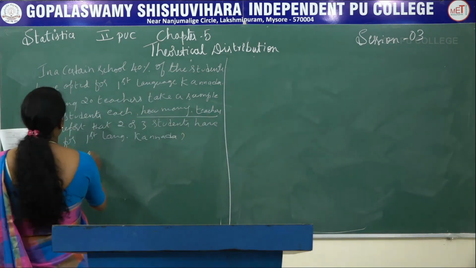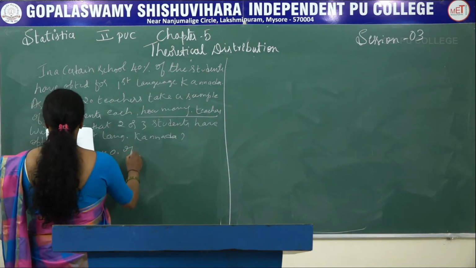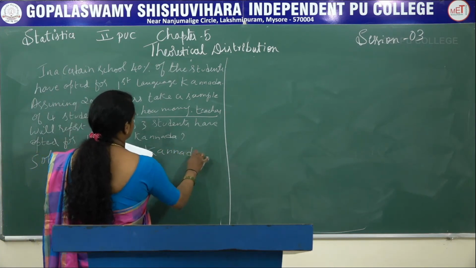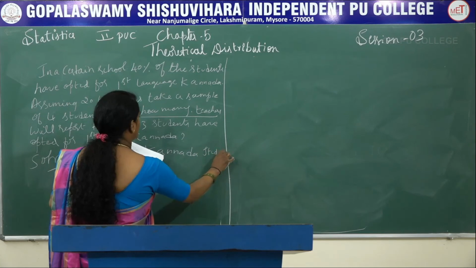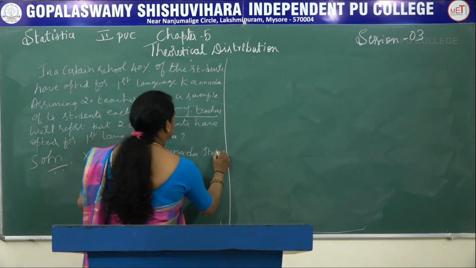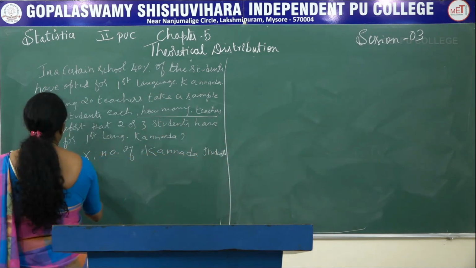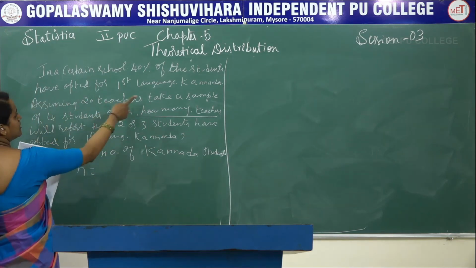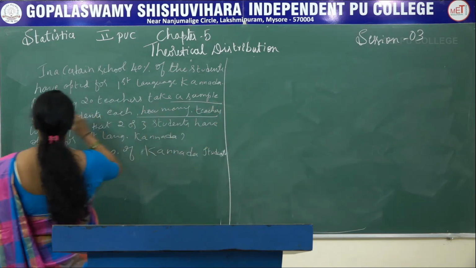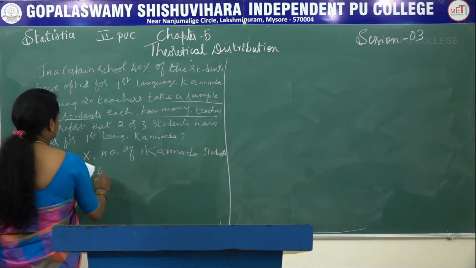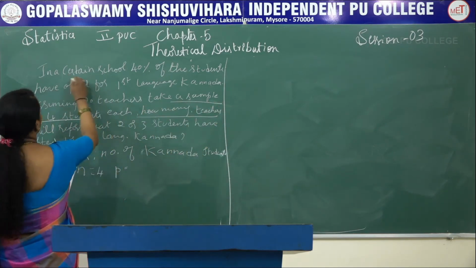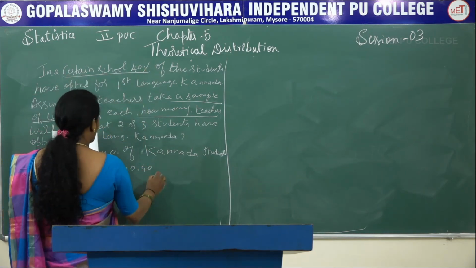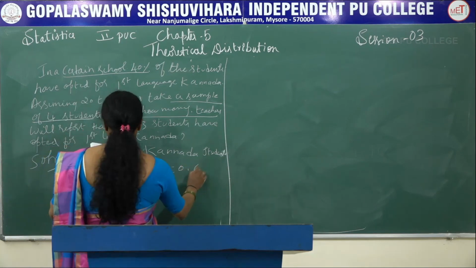So here X is the number of Kannada students. n is equal to 4, since they have taken a sample of 4 students, and p is equal to 40%, that is 0.40, and q is 0.6.